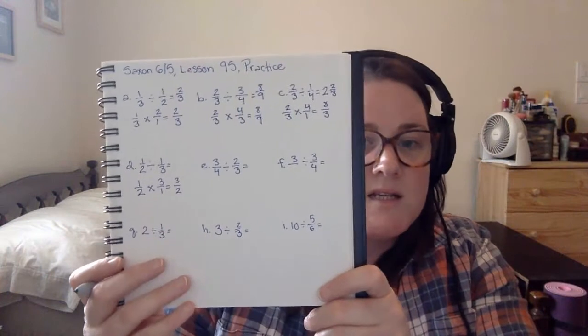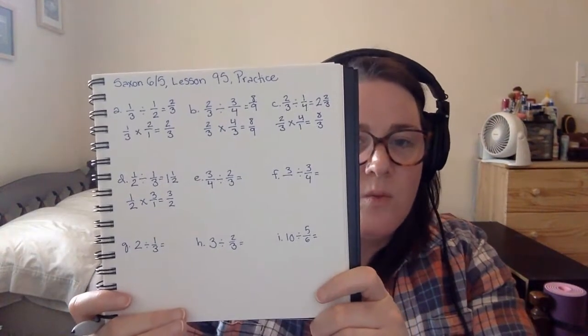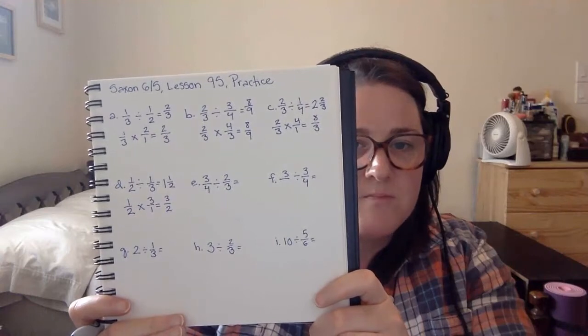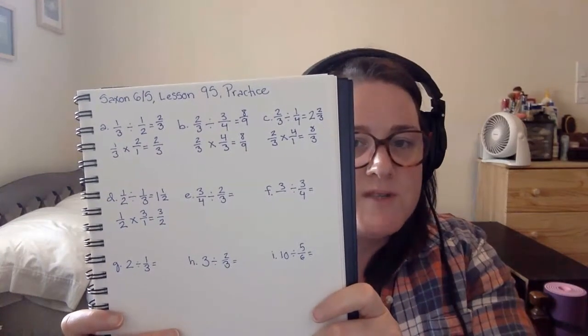So my product is the improper fraction 3/2. For my final answer, I'm going to change this to a mixed number with a proper fraction, 1 and 1/2.